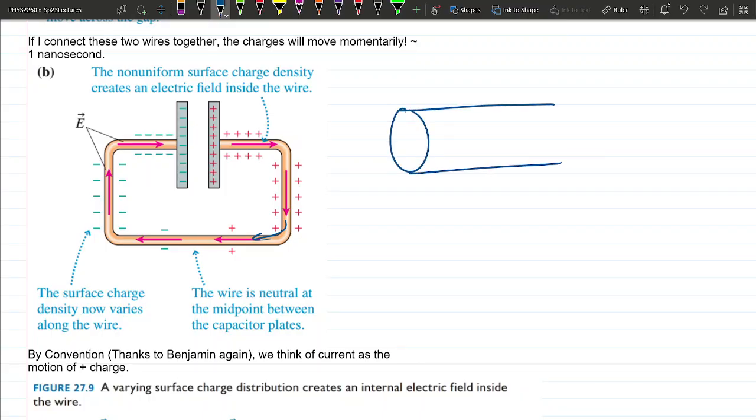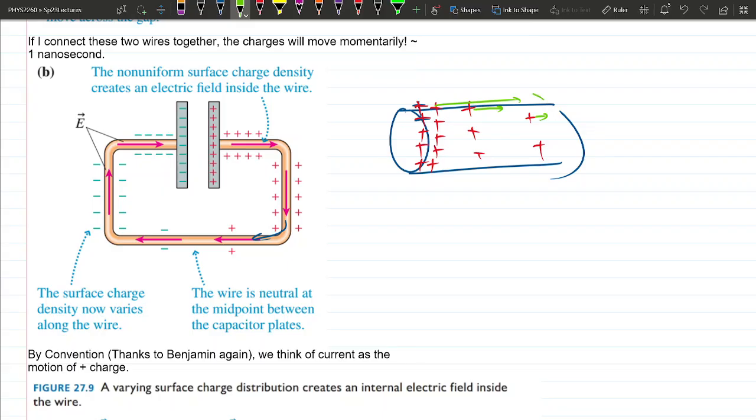This is less realistic. So let's say you have a bunch of positive charge here, a lot of positive charge on this end, and then fewer, and then fewer. There's going to be a strong electric field here, a weaker electric field here, and almost no electric field here.